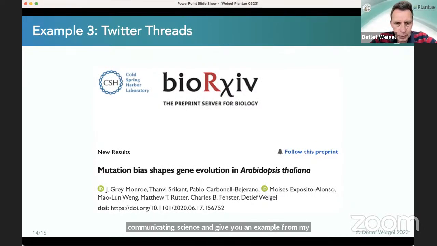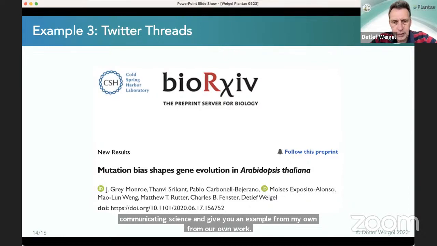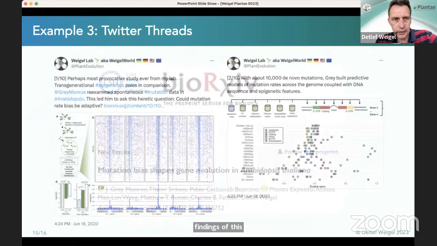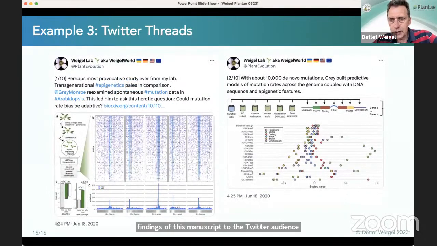This was a preprint that we put out there a few years ago on mutation biases, and then used a series of tweets, what is called a Twitter thread, to introduce the findings of this manuscript to the Twitter audience. And so the way this works is you formulate a tweet, and then you reply to your own tweet, and automatically it forms this thread one after another.